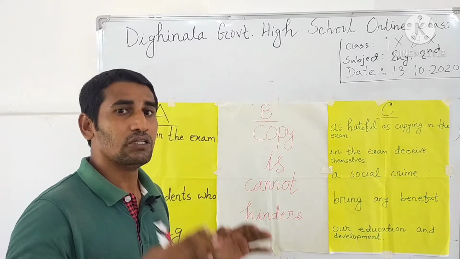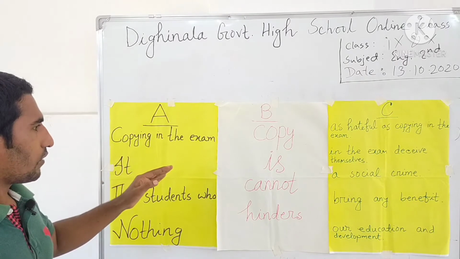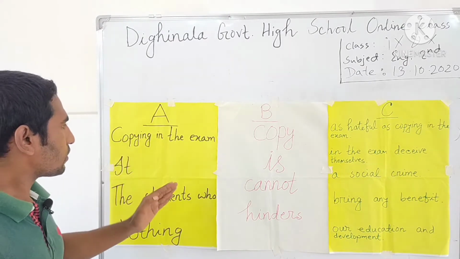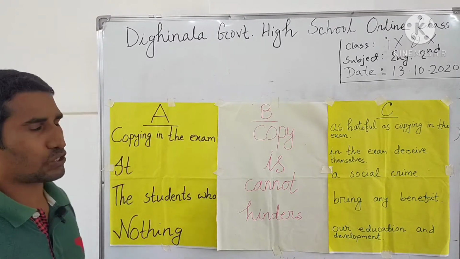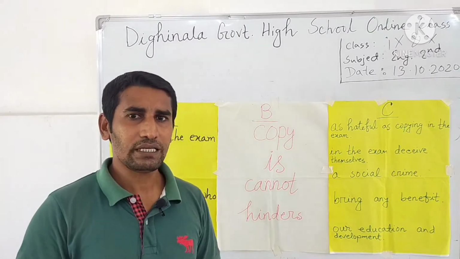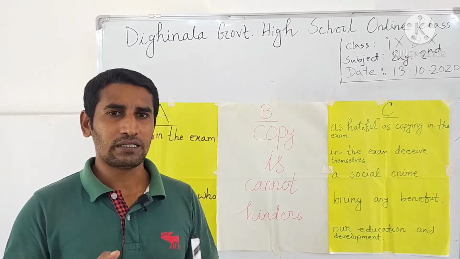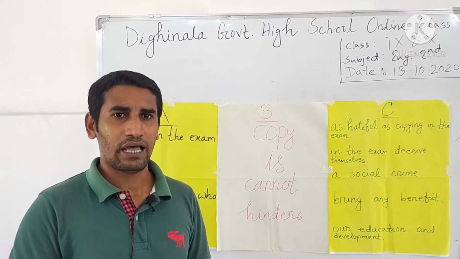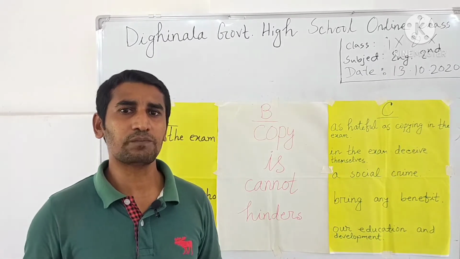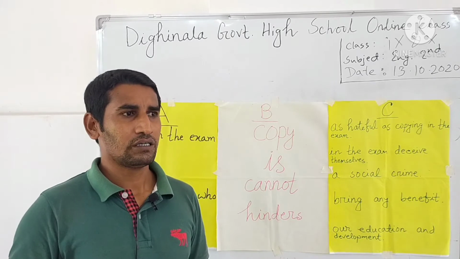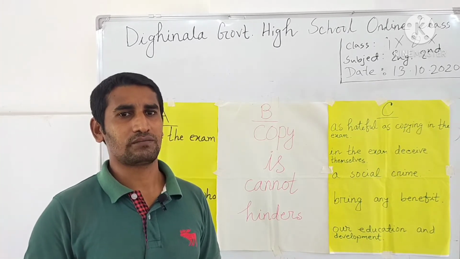It will be known. And see here, today's topic or today's idea is copying in the examination. Copying in the examination, that means porikhay nakol kora. This is a known factor, and this is a social crime, and this is a social problem for every country, for every institution like ours.